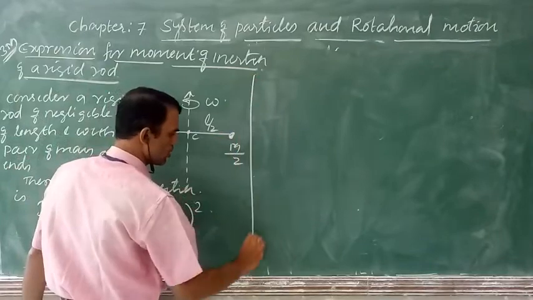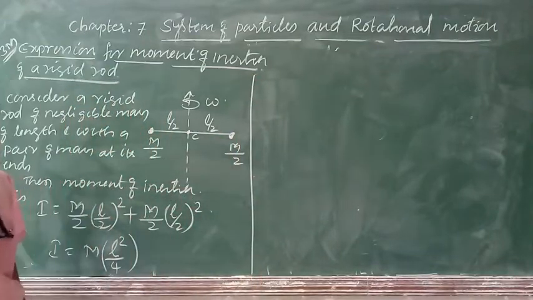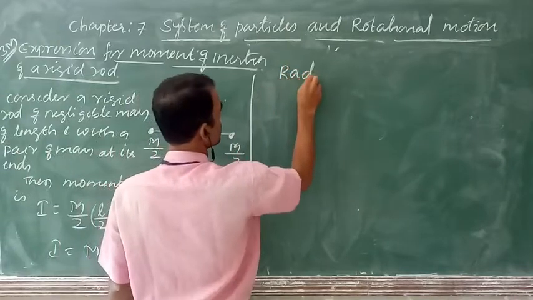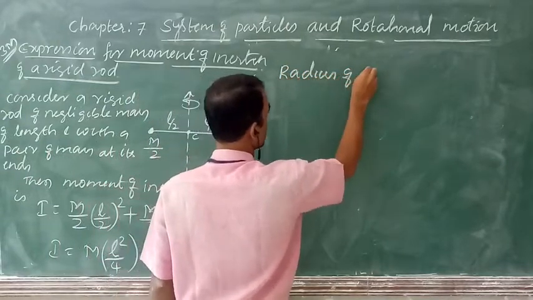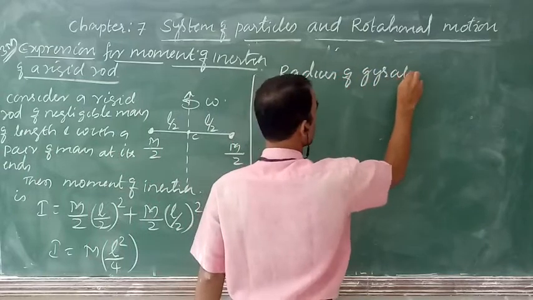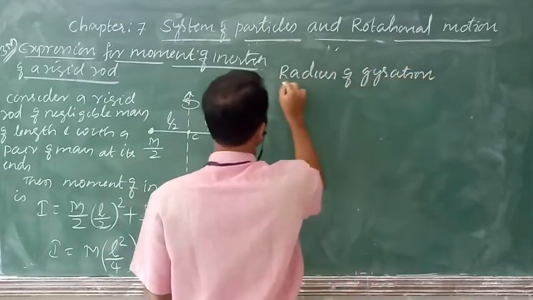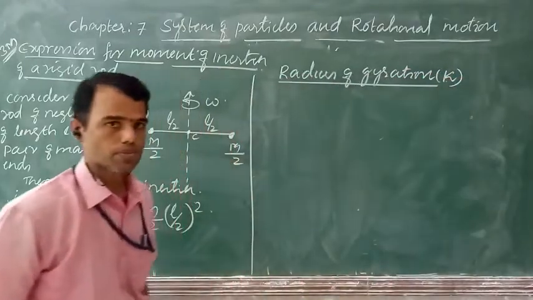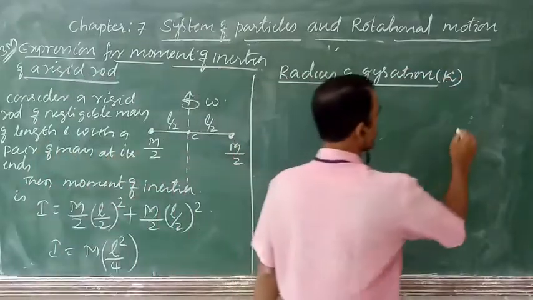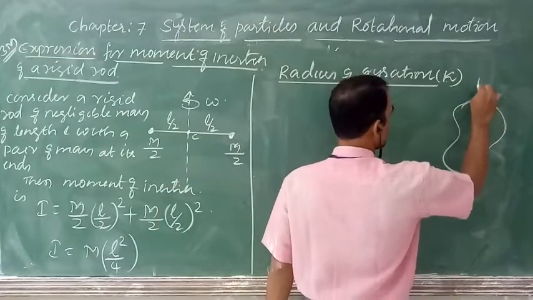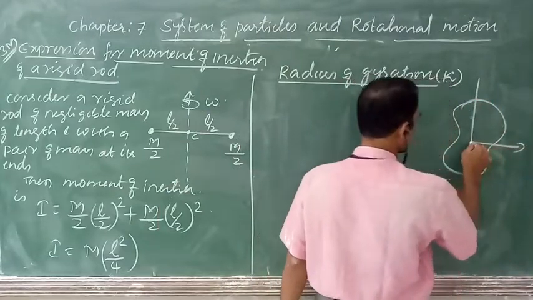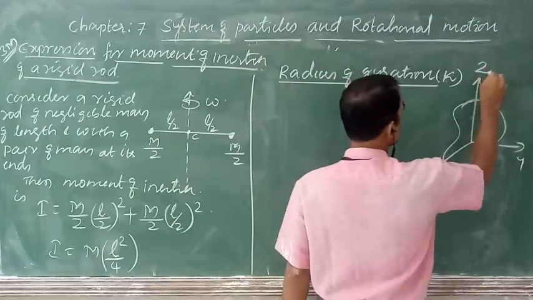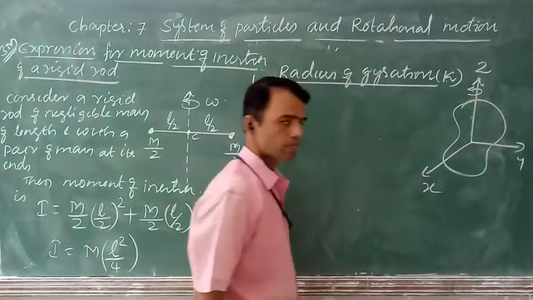Now let us discuss radius of gyration. Radius of gyration is denoted by k. To know what radius of gyration is, let us consider a rigid body which is capable of rotating about an axis, say the z axis.